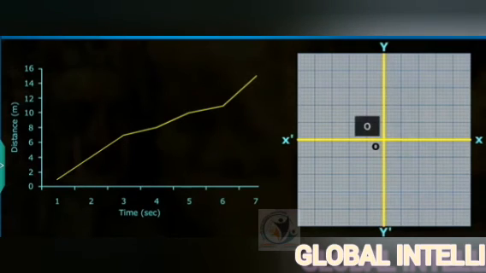The point of intersection of XOX dash and YOY dash is known as the origin O. The two quantities between which the graph is drawn are shown along these two axes. Generally, the positive values are shown along OX on the x-axis and along OY on the y-axis.